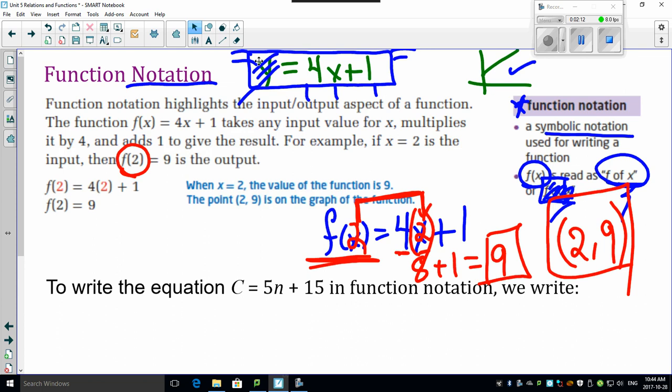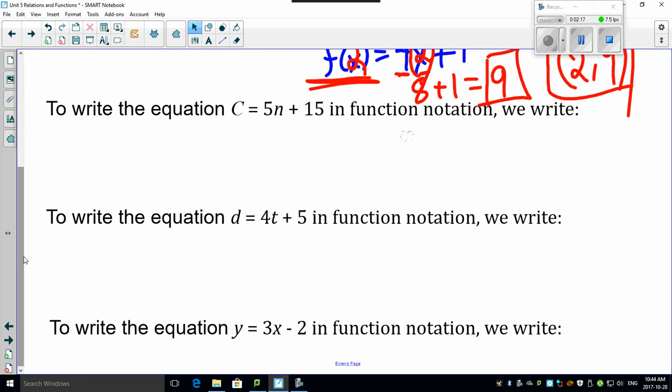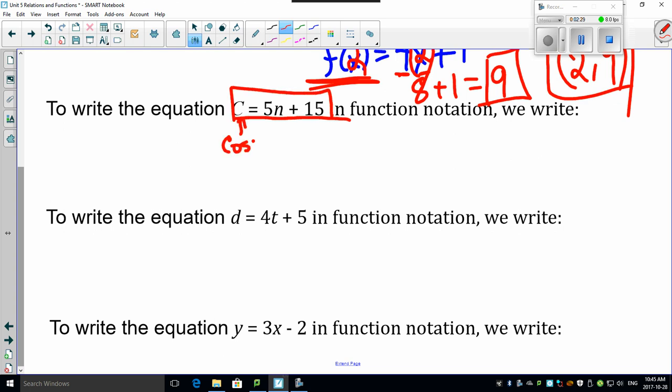So here we go. I'm going to give you a bunch of examples, and we're going to go straight out and write them in functional notation. Look at this question. This is C and N. Well, this could be cost, and this could be, let's say, the number of bubble gums you buy. Doesn't cost depend upon the number that you buy?